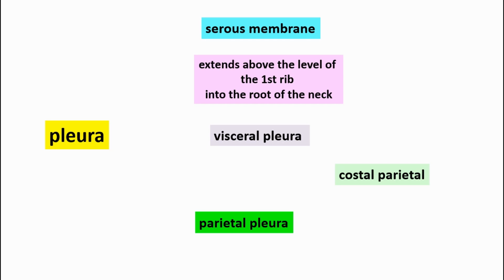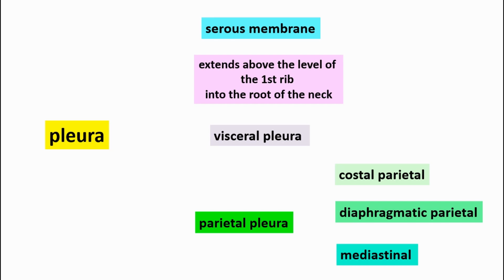Therefore, we have costal parietal pleura lining the inside of the chest wall, and we have the diaphragmatic parietal pleura, which covers the diaphragm as it makes the lower end of the thoracic cavity, and we have mediastinal pleura covering the mediastinum on its sides.